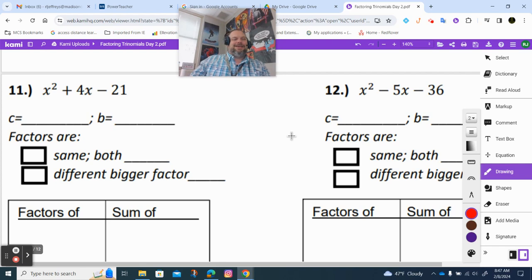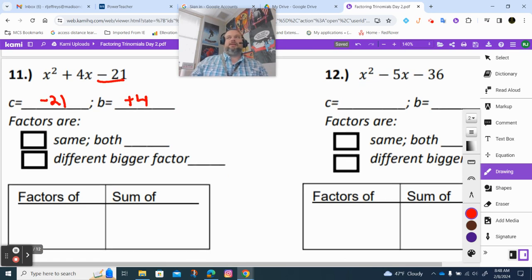All right. So our C is -21. Our B is +4. Because C is negative, signs are same or different? Different. And my bigger factor is positive.